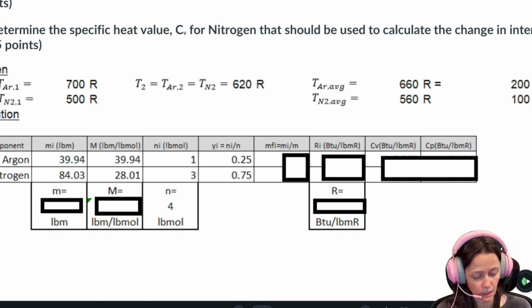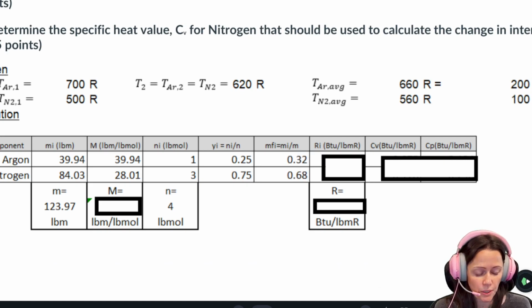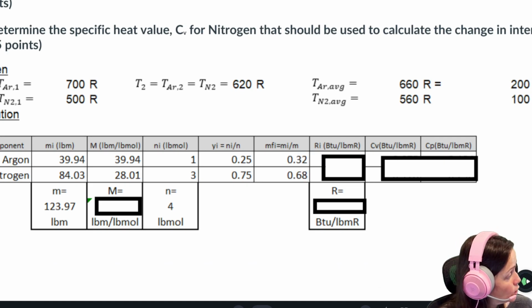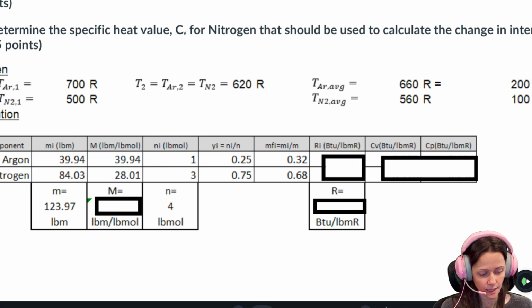Same thing with the nitrogen, it'd be 3 times 28.01. So we've mostly filled things in, and we can add those 2 masses up, get the total mass, and from there we can get the mass fraction. So I've got really everything that I would normally want in that table.